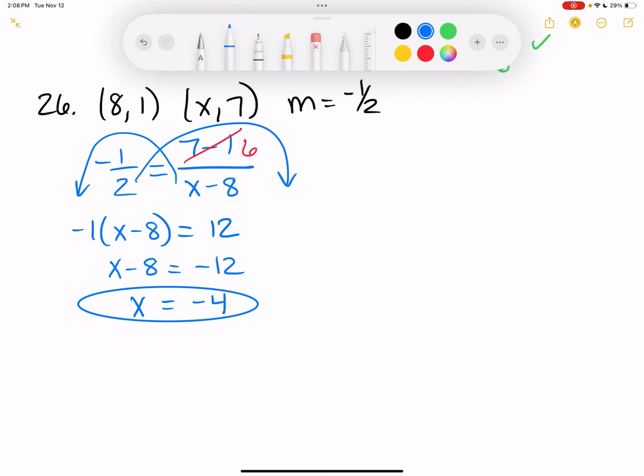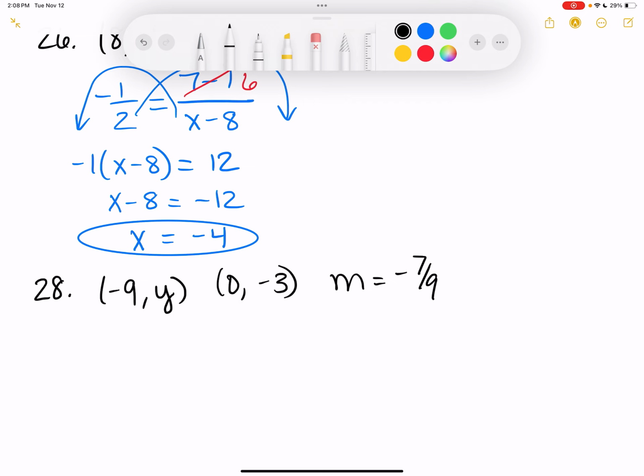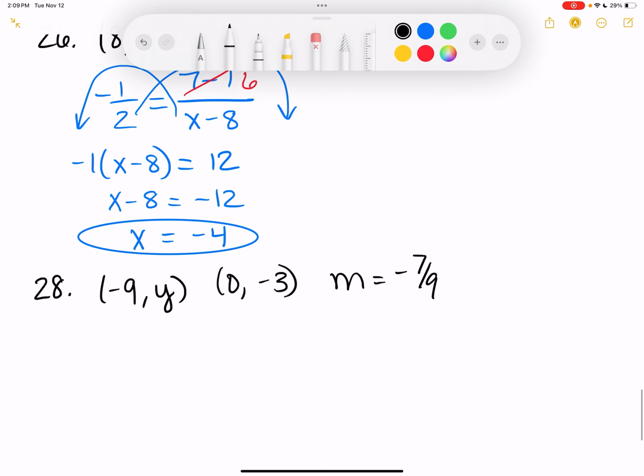Let's see what happens if we don't have y. 28. The points are (-9, y) and (0, -3), and our slope is -7/9. So this time I'm solving for y.